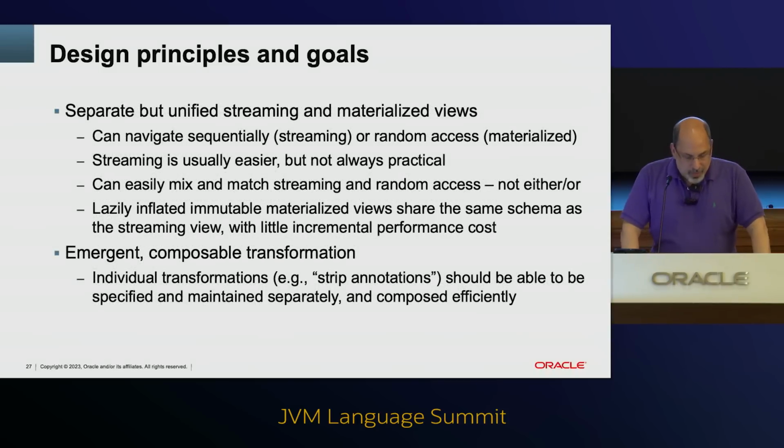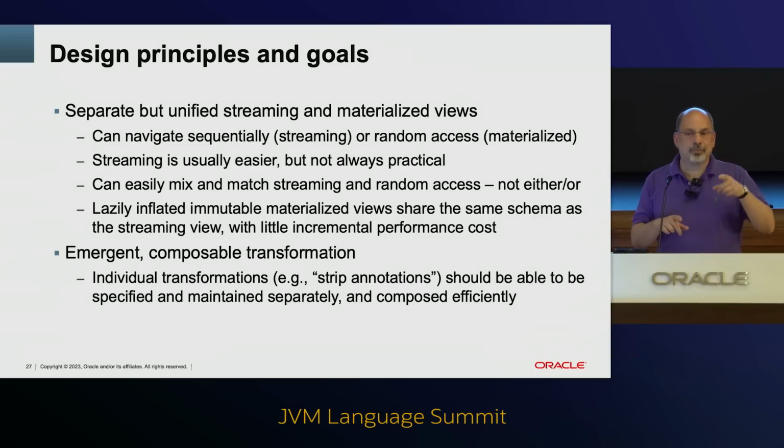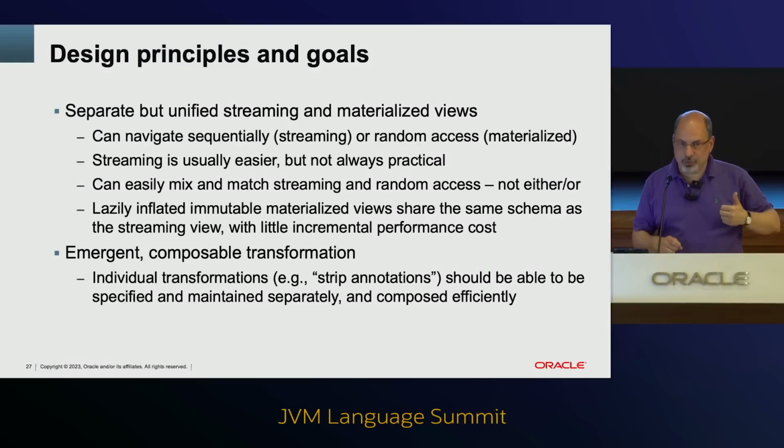One of the things that I think we achieved here that's an improvement over what other libraries do is that the streaming and materialized views are using the same data model, the same vocabulary, and you can mix and match them freely and without any performance penalty. So you could do some streaming navigation and then say, oh wait, I want this method, the method called X, let me go look that up. And if it hasn't already processed the methods, it'll go do that. If it has, you'll just get it out of the cache.